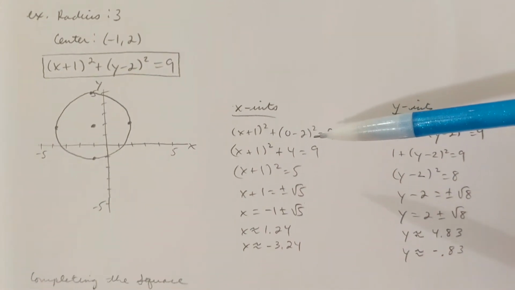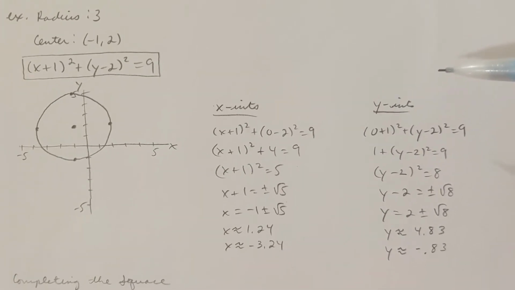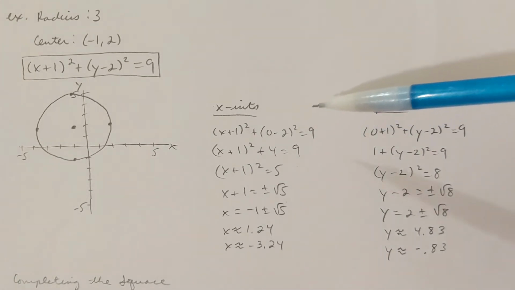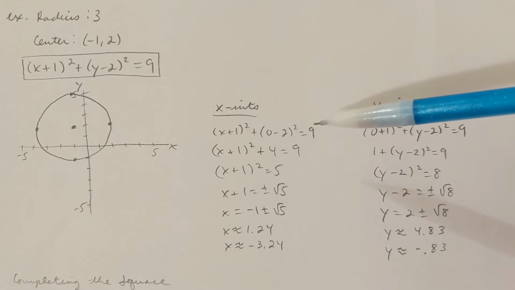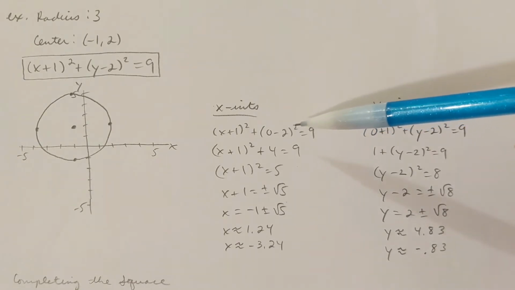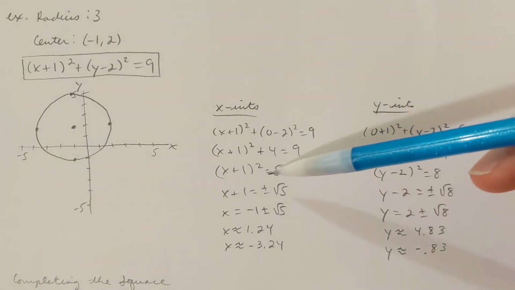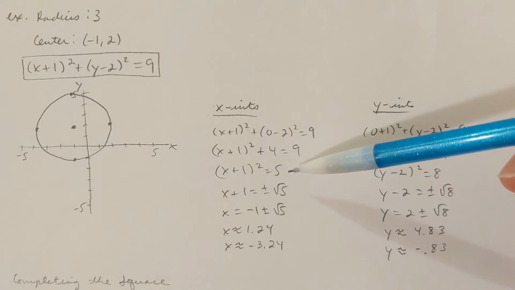If I want to, I could find the x-intercepts and y-intercepts, and I've done that. To find the x-intercepts, I'll let y be 0, and (0 − 2)² is 4. Subtract 4 from both sides. (x + 1)² equals 5.